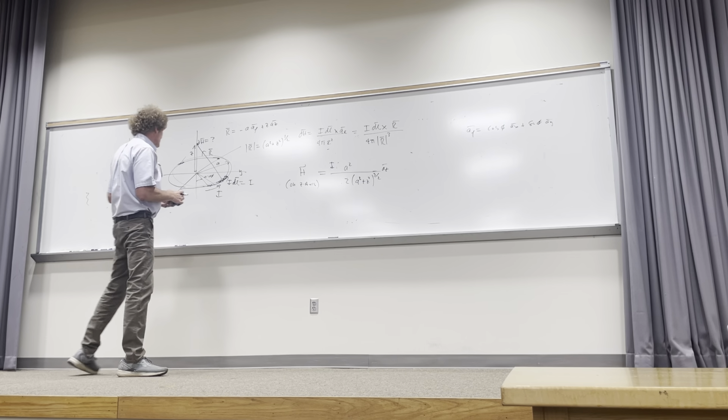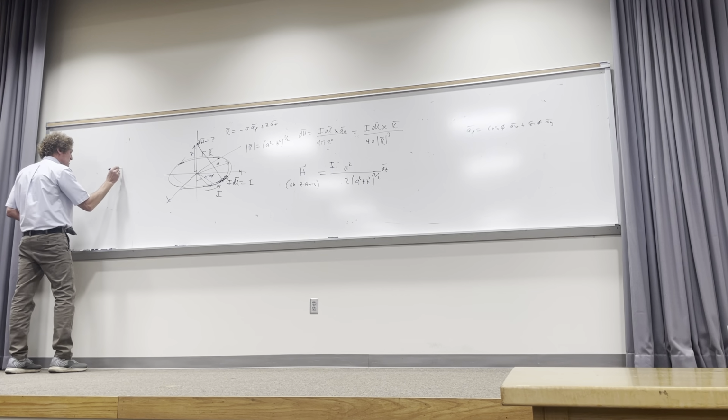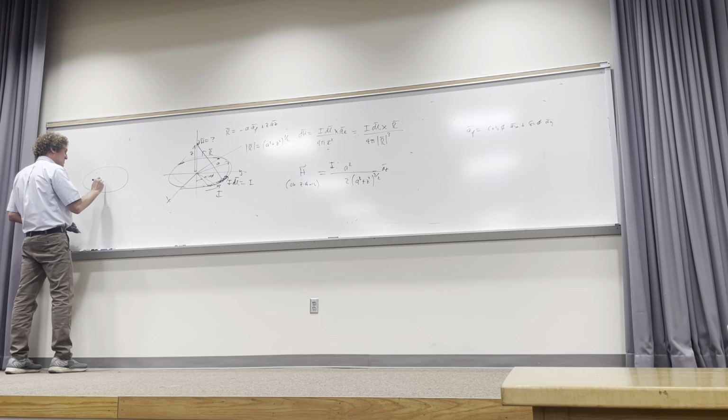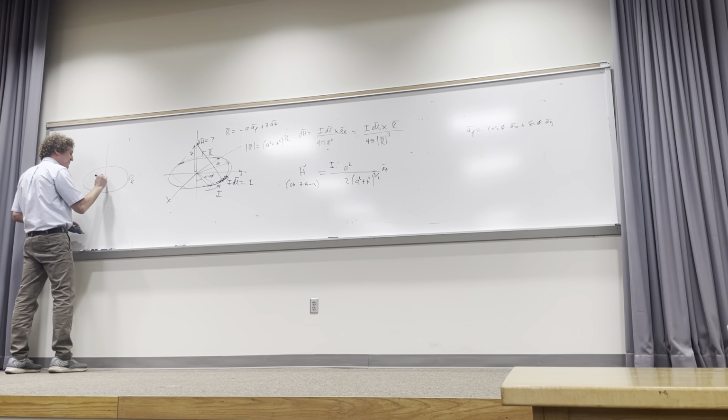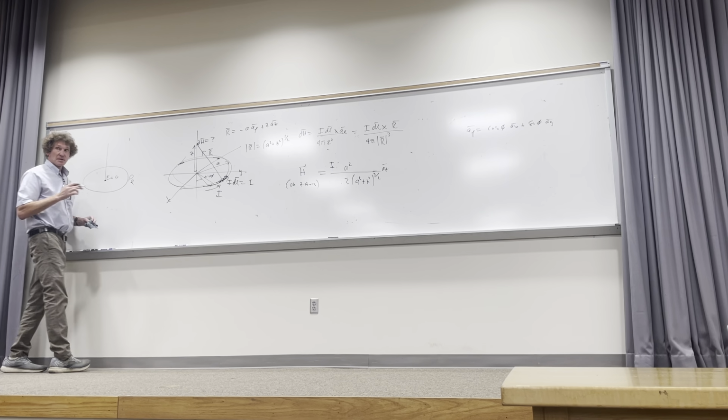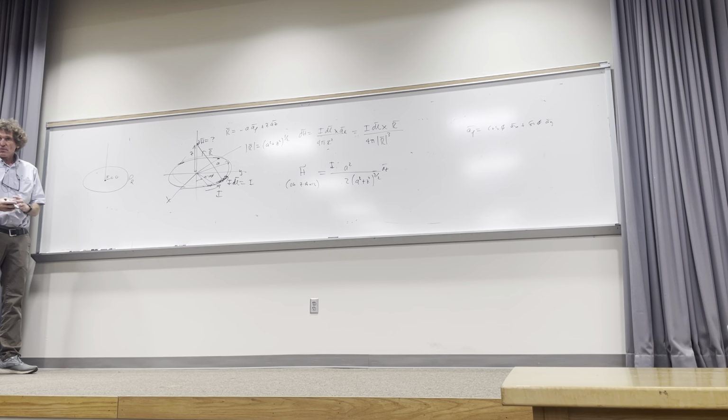Remember how when we had a loop of charge, a ring of charge, and we're on the z-axis, and this is rho_L, that the electric field right at the center is 0, isn't it? Right at the origin. If this thing's in the xy plane, it is 0 because the differential amounts of charge all cancel the electric fields from all cancel each other out.